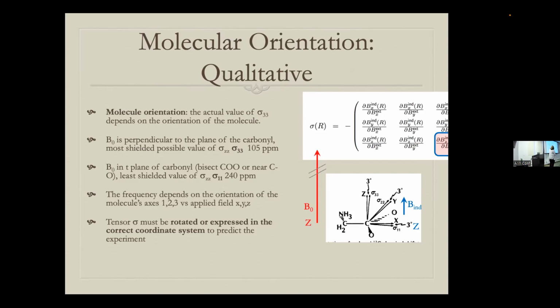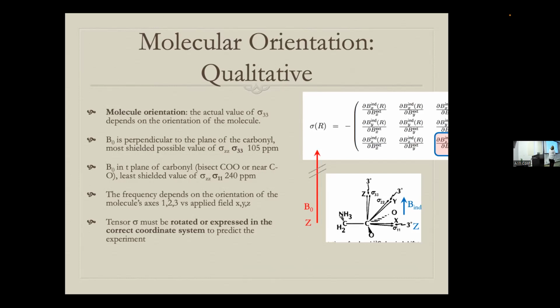This item here, perpendicular. It turns out that's where you get the most shielded possible value. That's the place to put the molecule if you want the element that's here to come to the lowest number that you ever get for a carbonyl, which happens to be about 100 parts per million carbon.